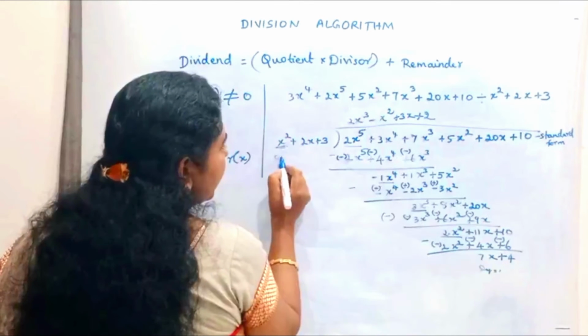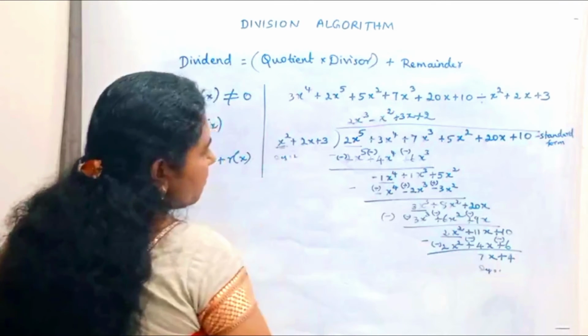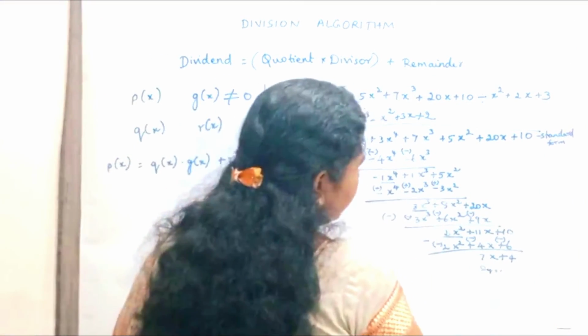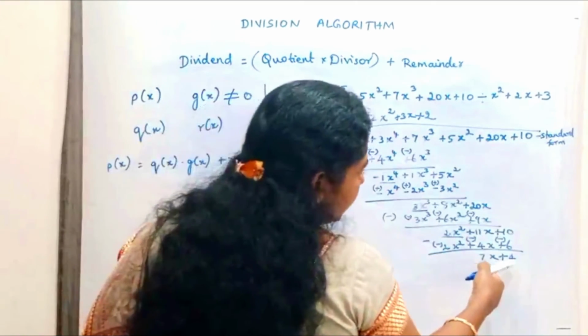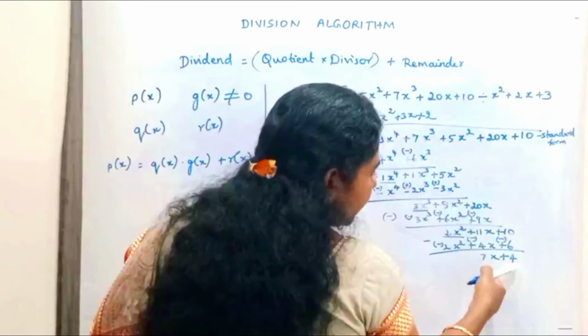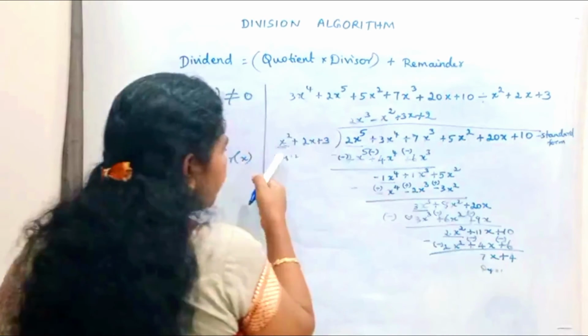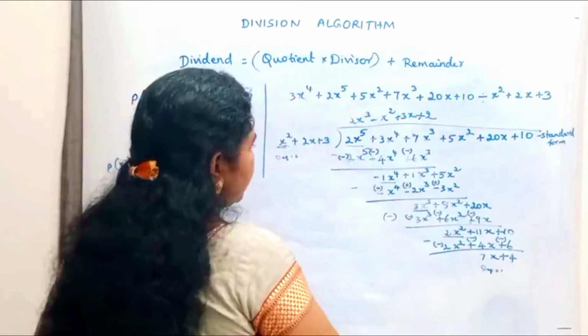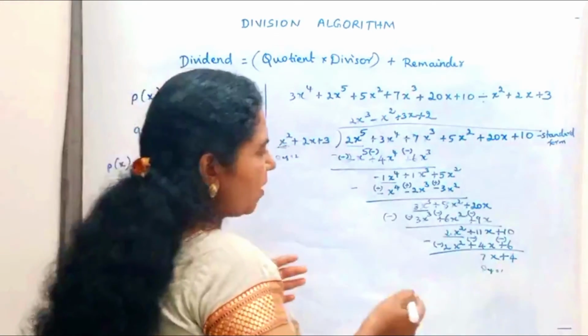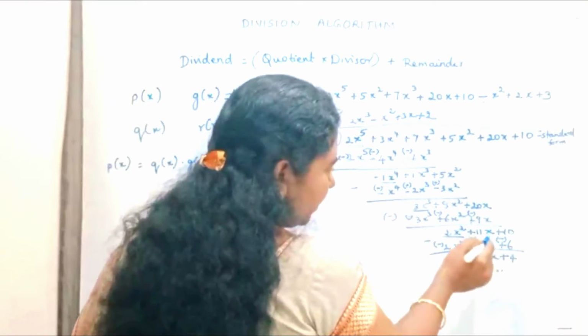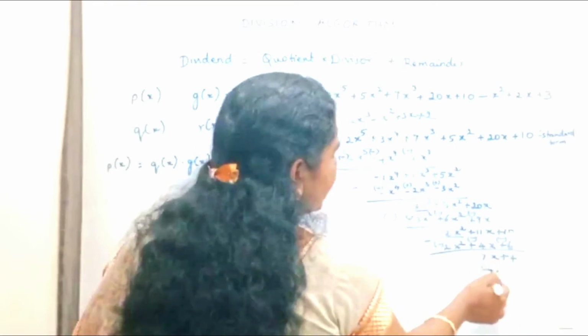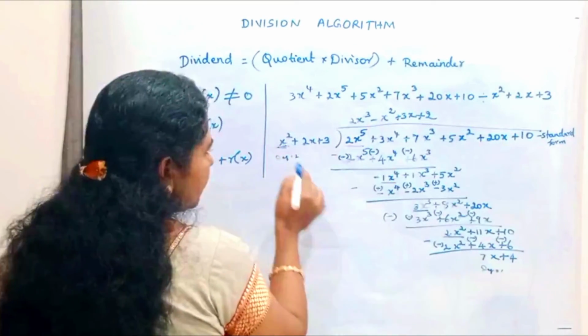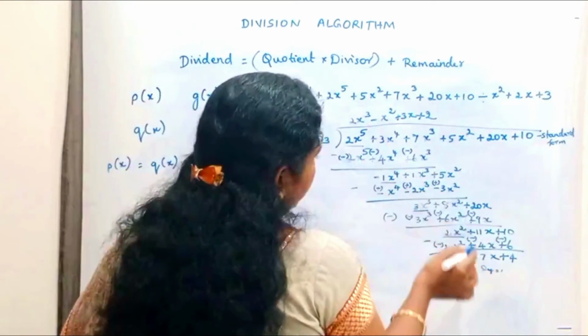So here the degree is equal to 2. So we can say in this manner also, that the degree of the remainder should be less than the degree of the divisor. So if it is not less, we have to proceed. So when the degree of the remainder is less than the degree of the divisor, we have to stop dividing.